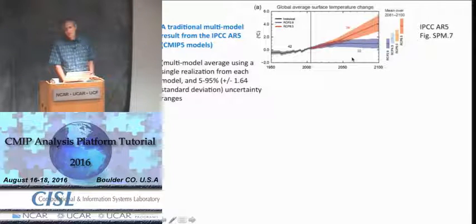The unfortunate thing about a multi-model ensemble average is when non-specialists look at this, they think this is actually what's going to happen. The temperature change is going to be nice and smooth, ascending very uniformly into the future to some really nice, smooth state. But of course, that's not true, because that's just the multi-model ensemble average. The thing about a multi-model ensemble average is you're averaging out the internal variability by definition.